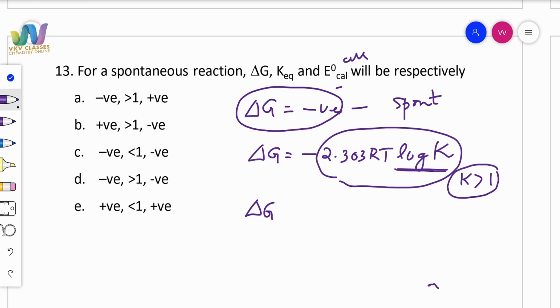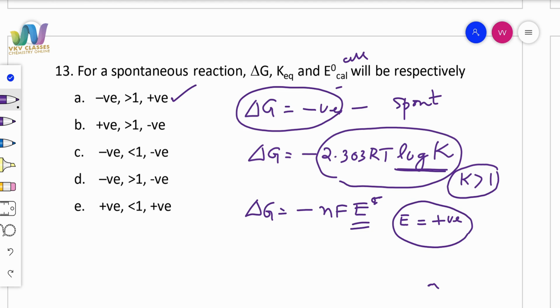Similarly, delta G is equal to minus nFE0 or nFE. Then E should be positive. Then only delta G will be negative. So these are the three conditions for the reaction to be spontaneous. So choice A.